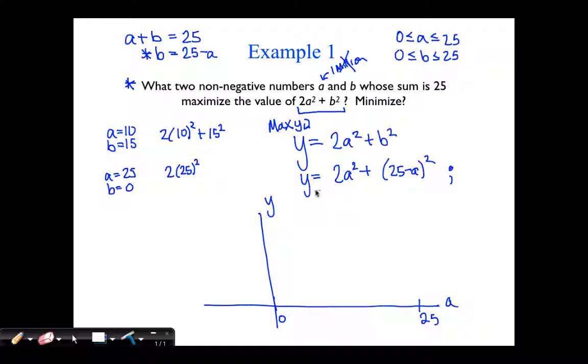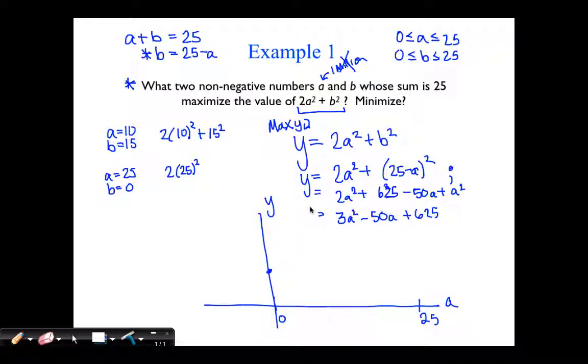We'd have 2a squared plus 625, minus 50a, plus a squared, or a total of 3a squared minus 50a, putting it in a normal order, plus 625. So I've got this quadratic function that opens upward, goes through 0, 625. The vertex would be at negative b over 2a.